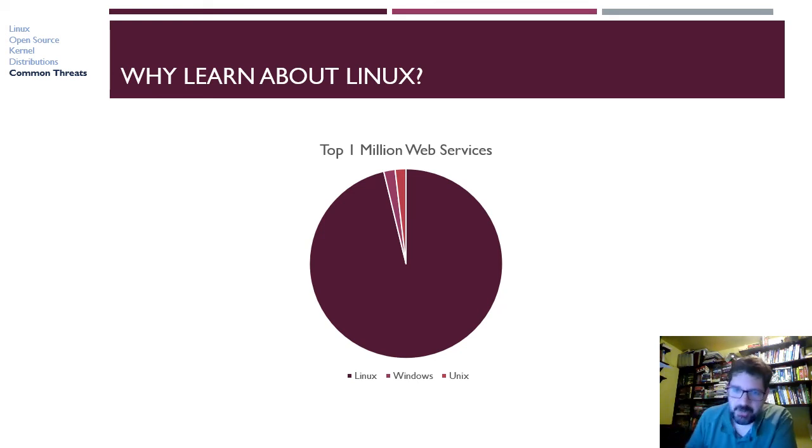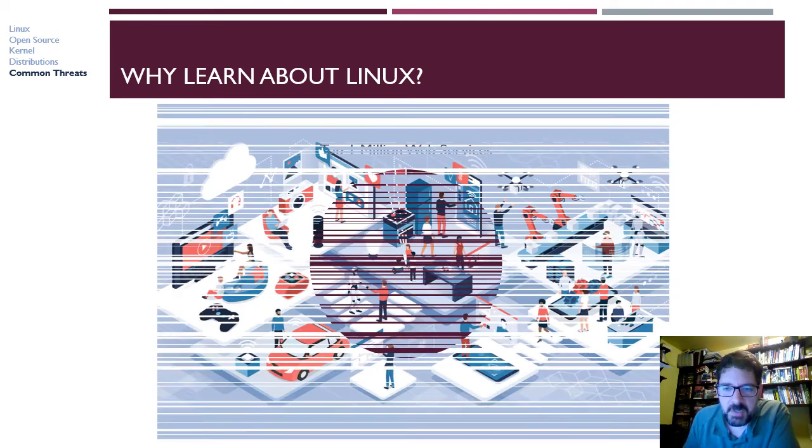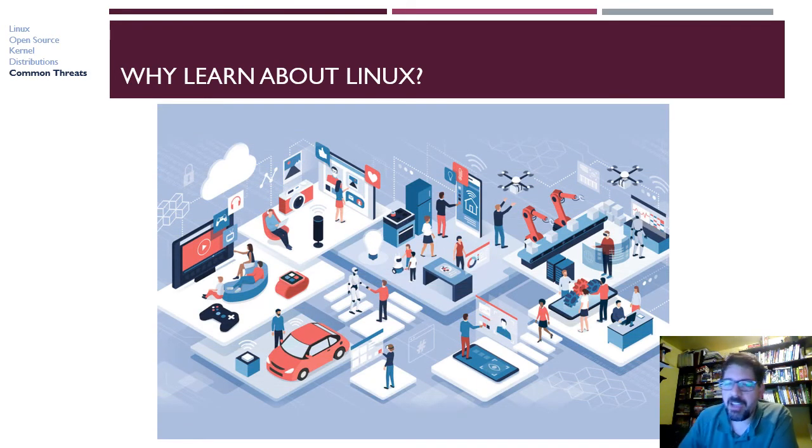And look around you, not just the world's most used web services, but pretty much everything. We talk about the Internet of Things, IoT. Look at your phones. All these Android phones are using a Linux derivative. A lot of the infrastructure that we use. Look at all these things in my picture here, like drones and robots and even manufacturing.